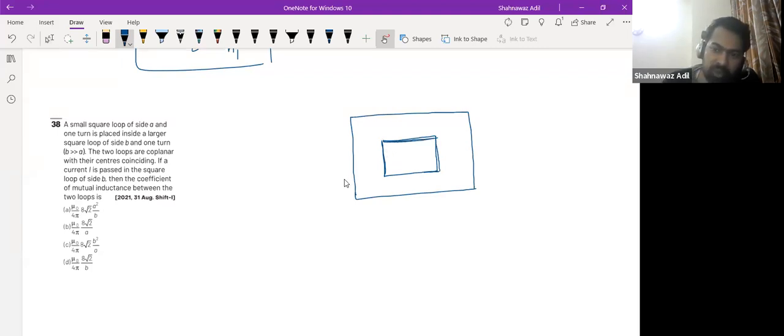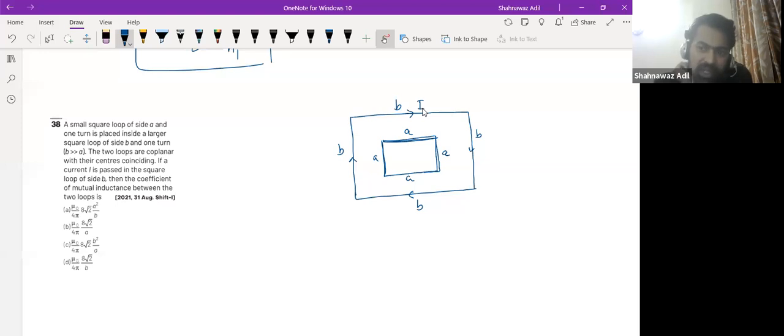So this is the square loop of dimension A, and this is the square loop of dimension B. And this one is carrying current I. So the current I passing through it will create an induction effect, the flux effect inside this coil.